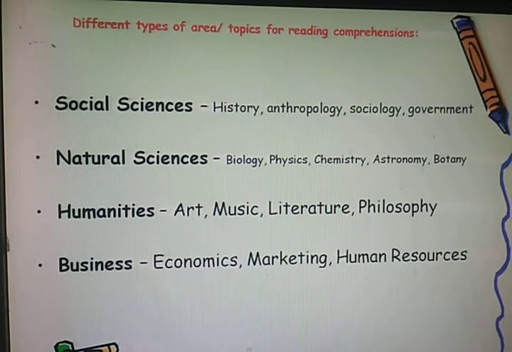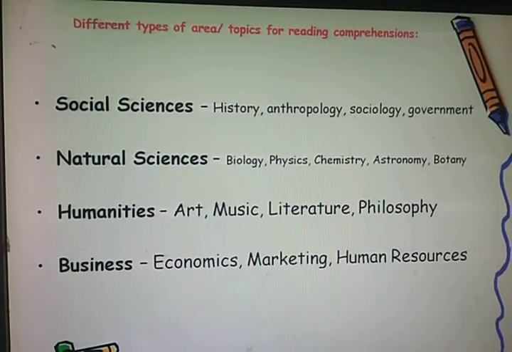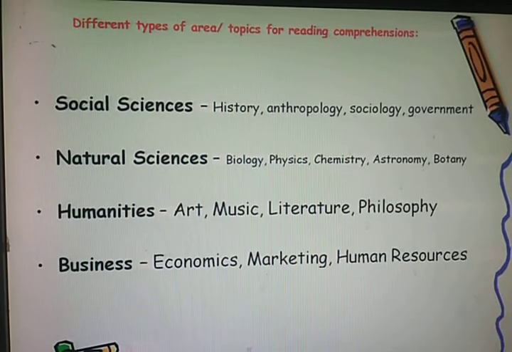Not only this, but a business topic could come. Maybe your interest is not there, but they only want to check your reading comprehension. They may ask you to read an economics topic, marketing, or human resources topic. You just have to grow your understanding.